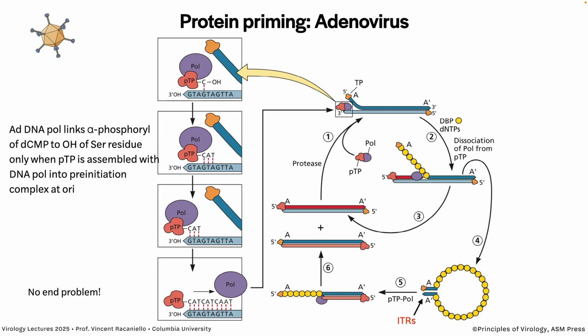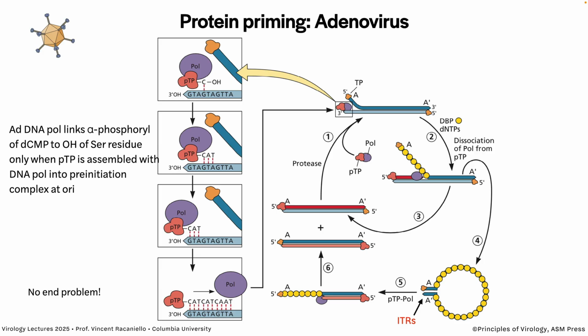This is semi-discontinuous replication, okay? No end problem because of this. The polymerase is able to prime a few bases internally, then slip back, and then extend. So there's no need, and the protein primer helps with that. So there's no need for an RNA. There's no end problem.